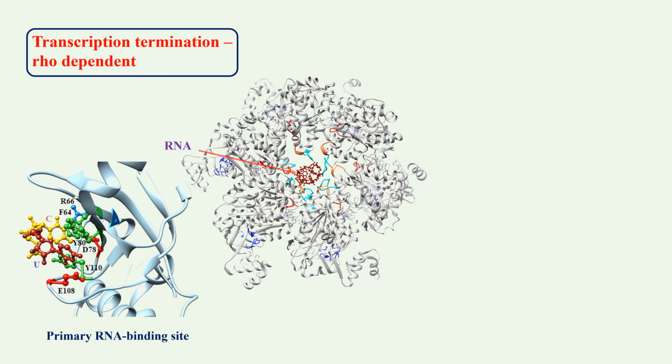These rut sites contain pyrimidine dinucleotides interspersed by loops. Rho contains a narrow cleft which can accommodate a pyrimidine dinucleotide. The first pyrimidine is held within two tyrosine and a glutamate residues, while the second pyrimidine interacts with an arginine and an aspartate.